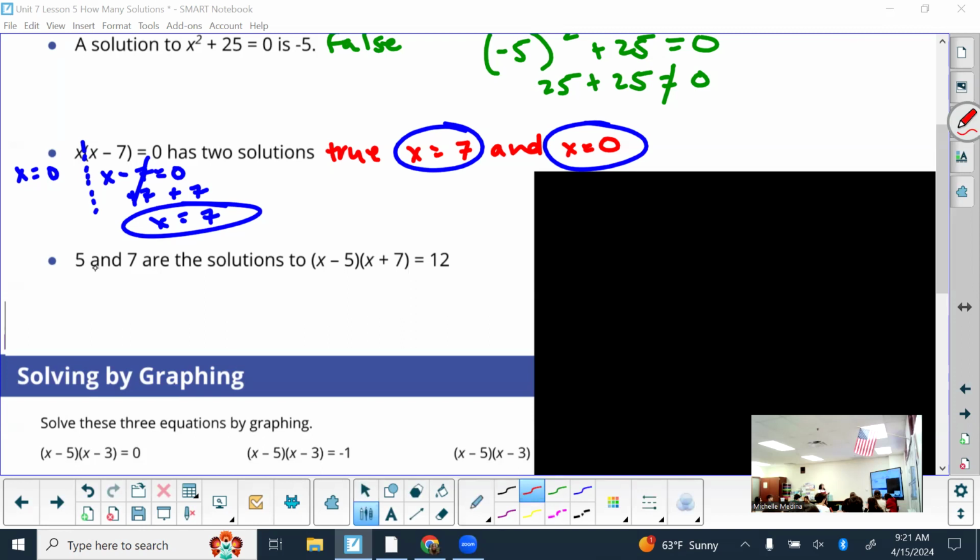What do you think the solution should be? Okay. Anyone else want to chime in? Anyone think they know what the solution should be? Michaela?